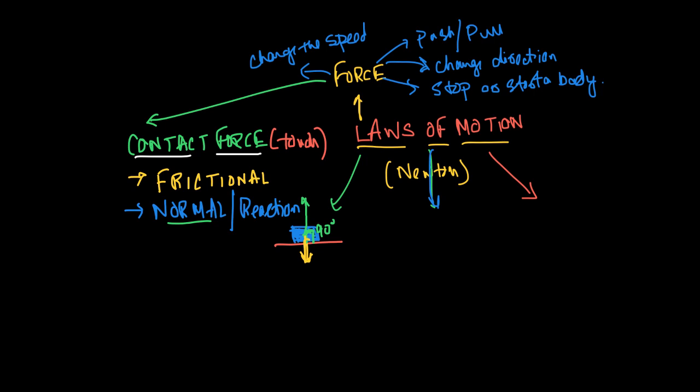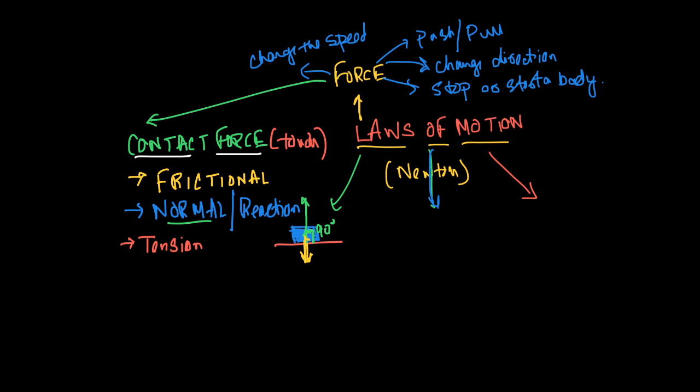The third type of contact force is known as the tension force. Tension means whenever you stretch a string or a rubber band, there is a force which is trying to pull the rubber band or spring together, to make it smaller.